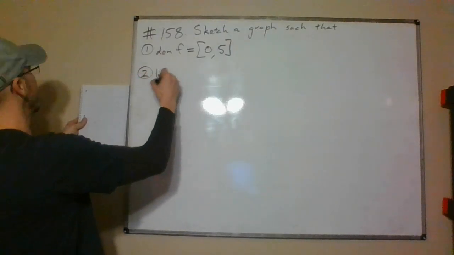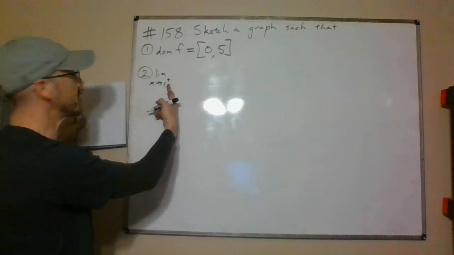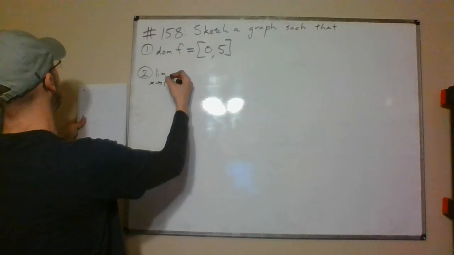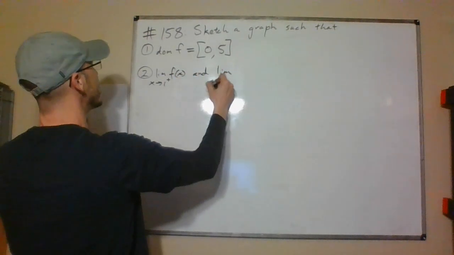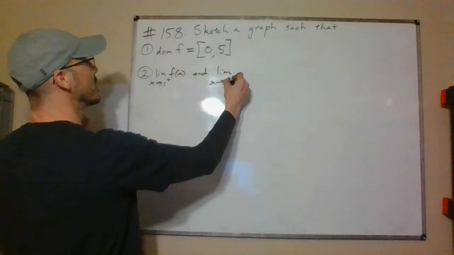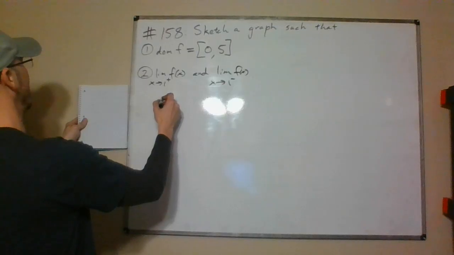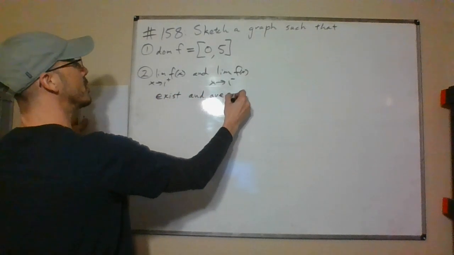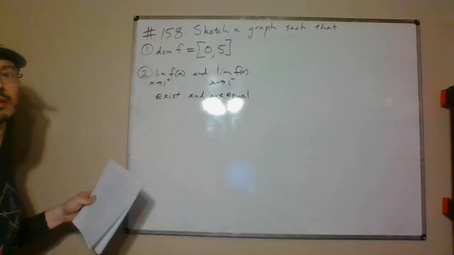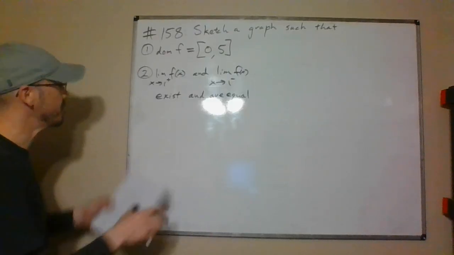The limit as x goes to 1 from the positive side, from the right, of f of x, and the limit as x goes to 1 from the left of f of x exist and are equal. So the limit exists and they're equal. It doesn't say that the function's defined there, but it doesn't say it's not.